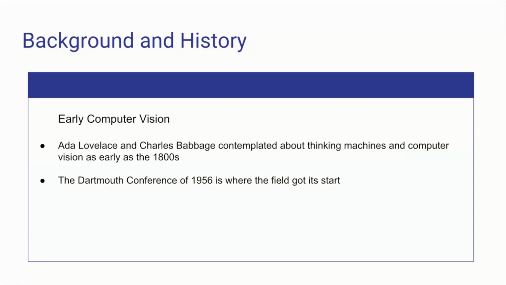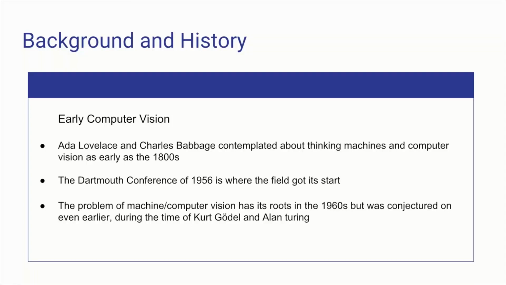And following that, in the late 50s, early 60s, machine learning and computer vision really took hold, but these ideas were conjectured on far earlier, during the time of Kurt Gödel and Alan Turing. I'm sure you know who Alan Turing is, maybe not Kurt Gödel as much, but Alan Turing is the father of the computer.